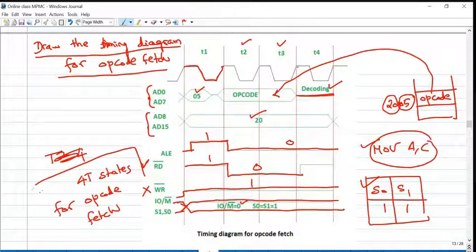For any instruction, to draw the timing diagram, the first 4 cycles are opcode fetch. Any doubt in this particular diagram?